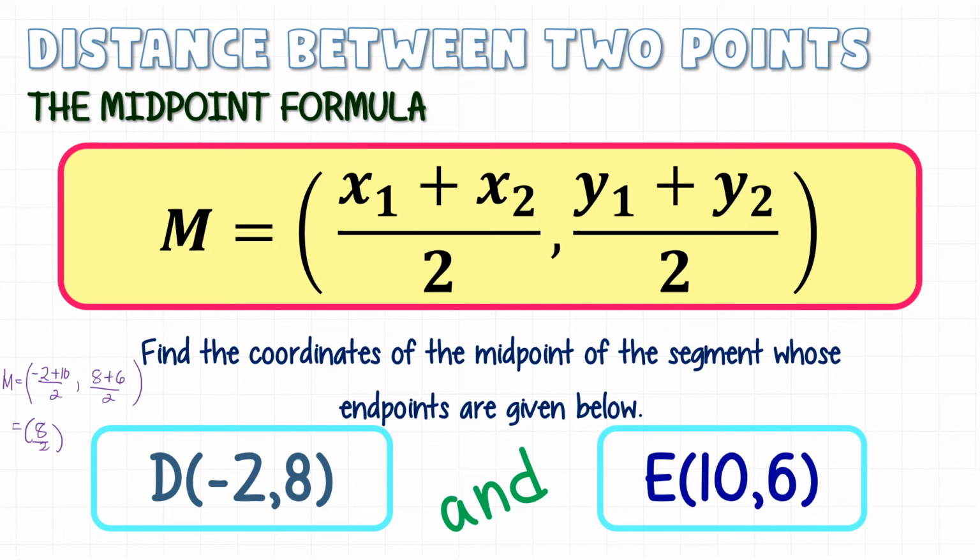Erase. Yan. And y component, 8 plus 6, 14 over 2. This is 4, and this is 7. So the midpoint is located at (4, 7). Okay?